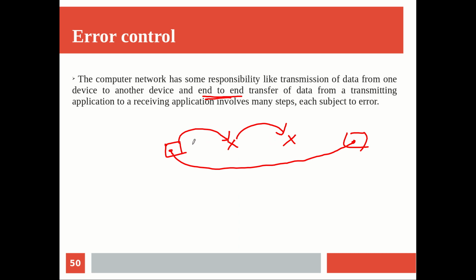In a more detailed way, the transmission from one device to the next subsequent device and to its next, at that level you have to focus. And in a higher abstract view, the transmission from the sender to the receiver is an end-to-end transmission between the end points of communication, that is the processes.